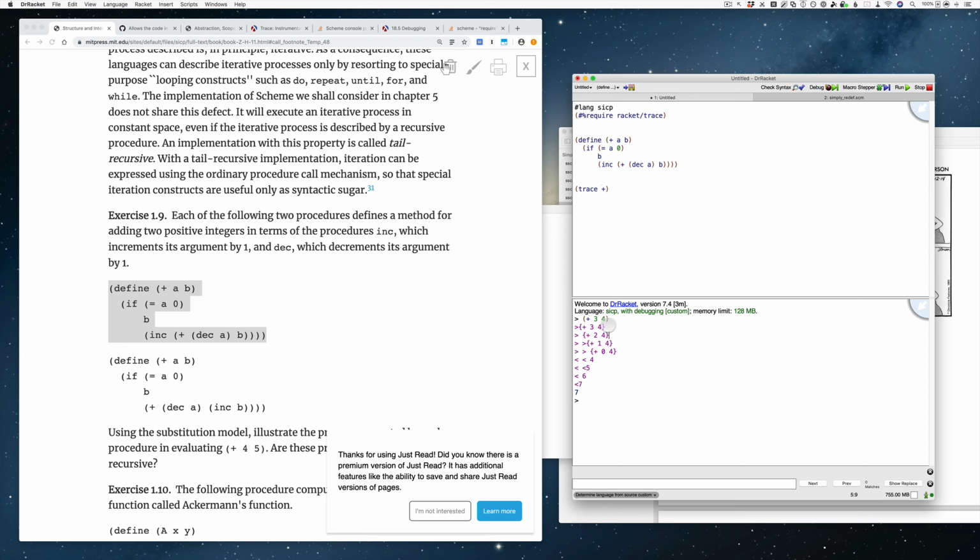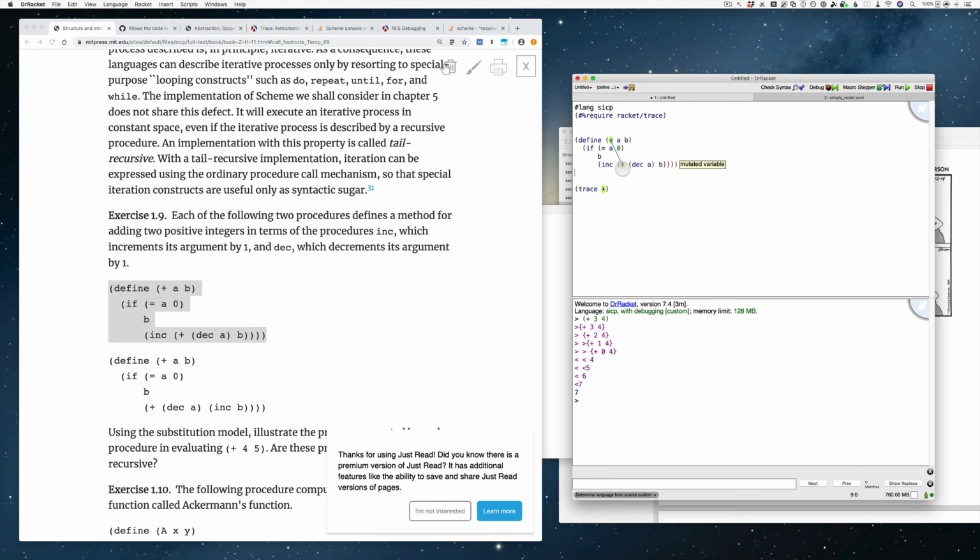So what's the structure here? We have 3 and 4, and the program says if A is 0, then return B. Otherwise, we call inc and make a recursive call to plus, and we pass it decremented A and B again.